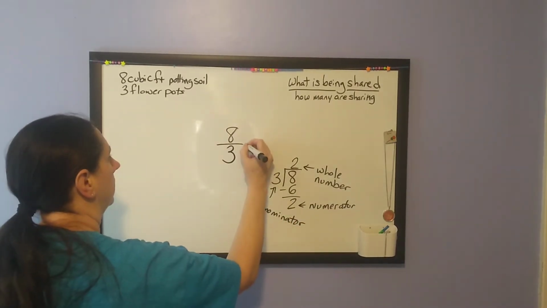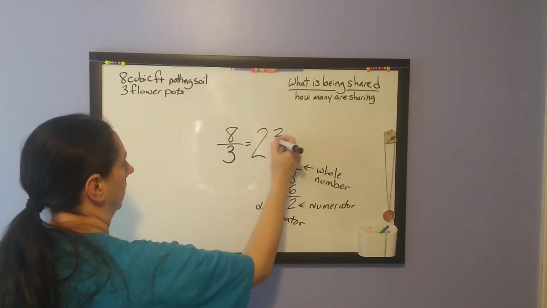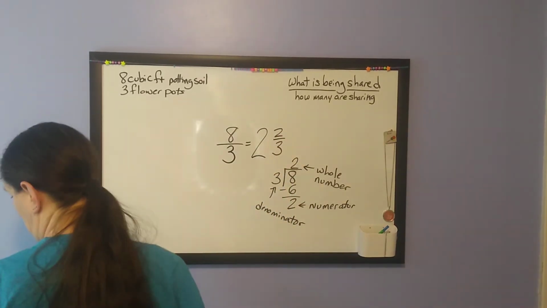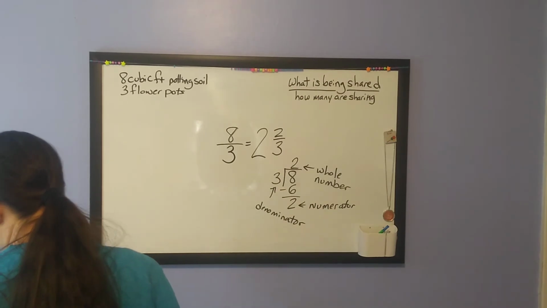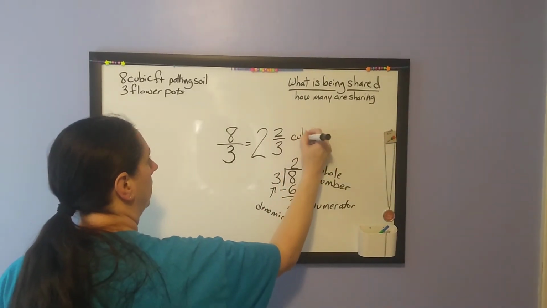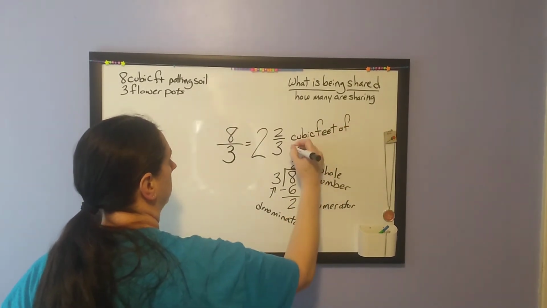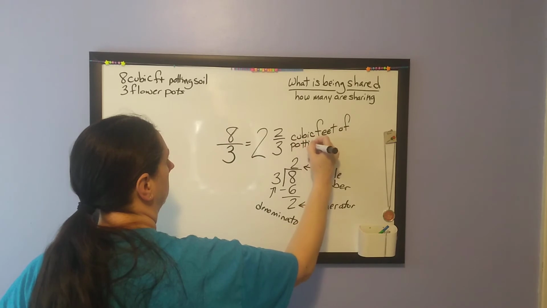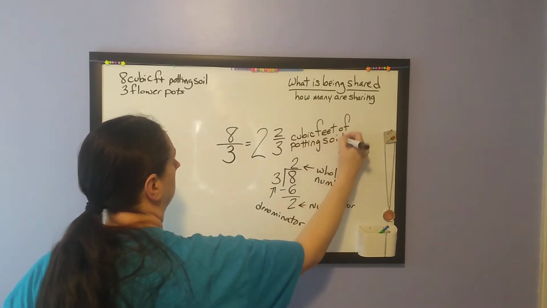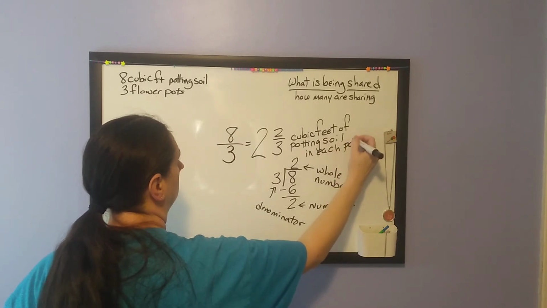So 8/3 is the same as 2 and 2/3. So she would have 2 2/3 cubic feet of potting soil in each pot.